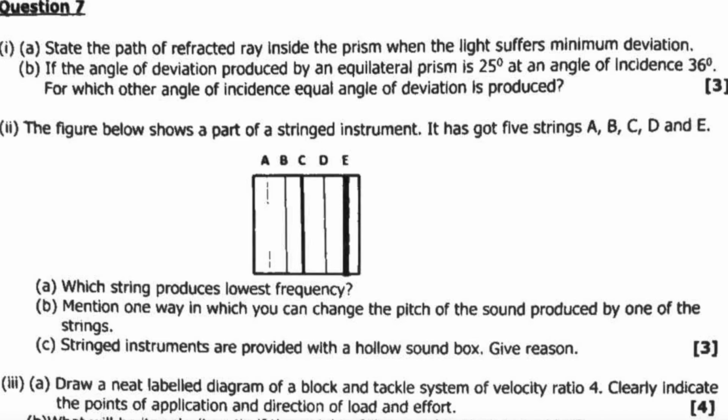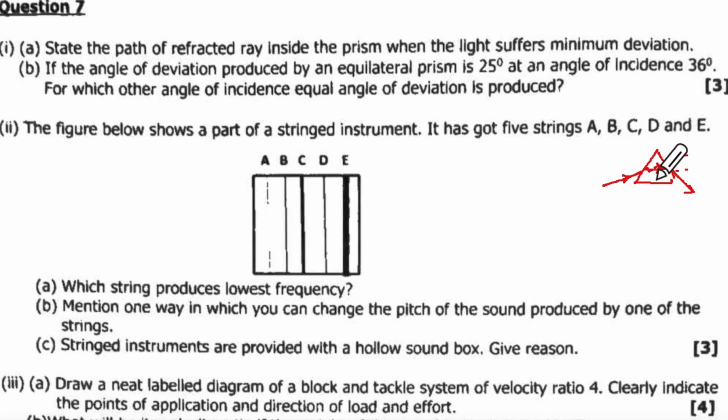State the path of refracted ray inside the prism when the light suffers minimum deviation. Now refracted ray, what does refracted ray mean? Your thinking step is like this. This is your incident ray, refracted ray, and emergent ray here.